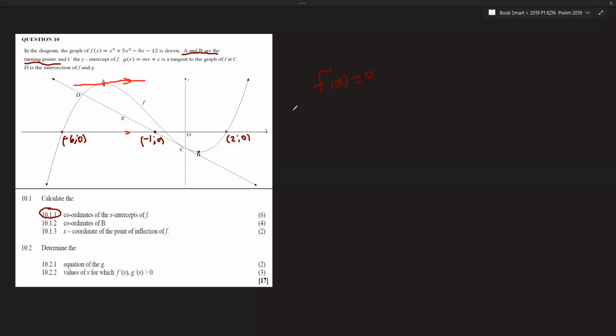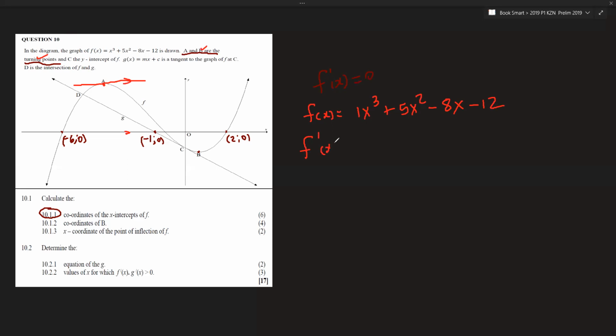Right? Perfect. The reason why I'm doing this is because they told me that B is the turning point. So what is my f of x? My f of x is x cubed plus 5x squared minus 8x minus 12. Now I need to do the derivative at 0.